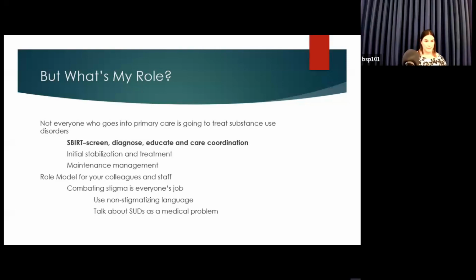The other big role we have is as physicians in general, not just in primary care. So no matter what subspecialty you go in, or if you become a hospitalist or whatever, we have a really great opportunity to role model for fellow physicians, staff, and for our patients to use non-stigmatizing language and to talk about substance use disorders as a medical problem.